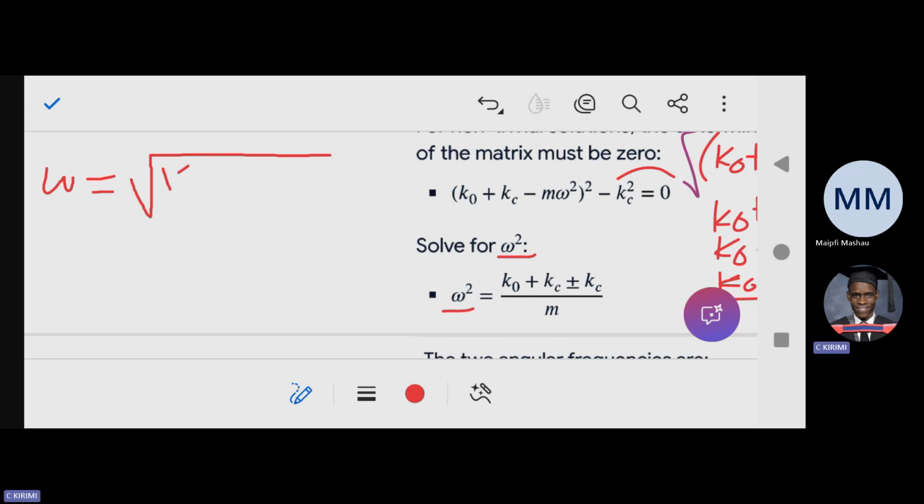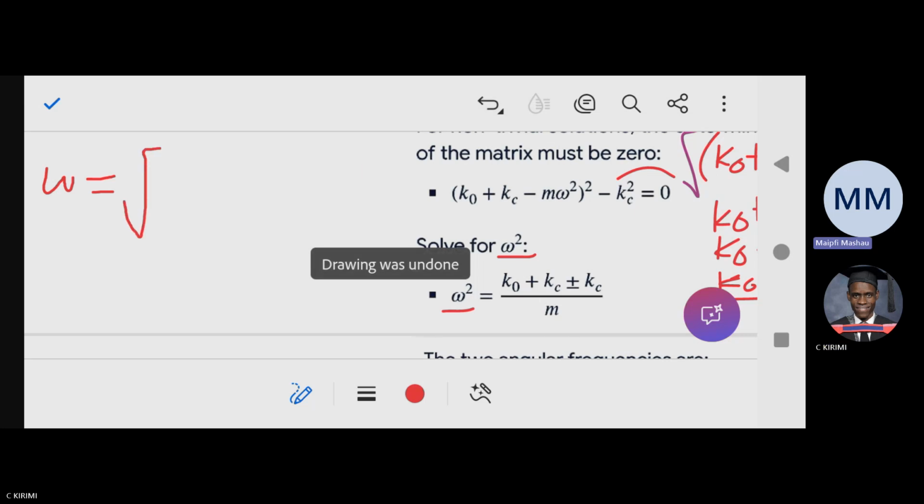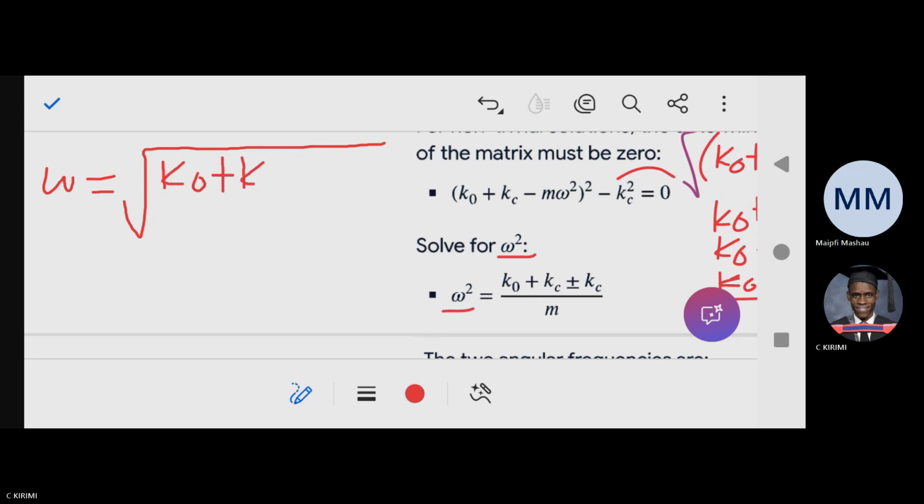So it's the square root of K naught over m, plus Kc, plus or minus what? Kc, everything over m. We've introduced the square root. That is your Kc.